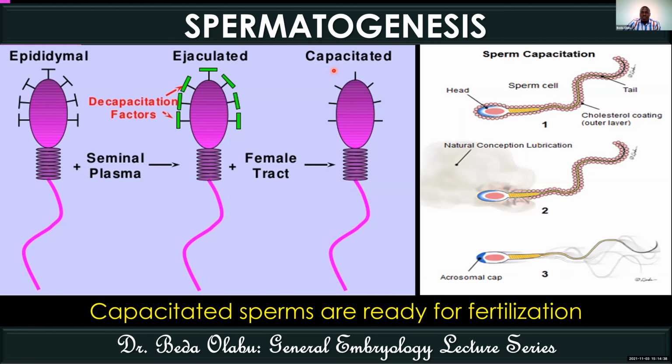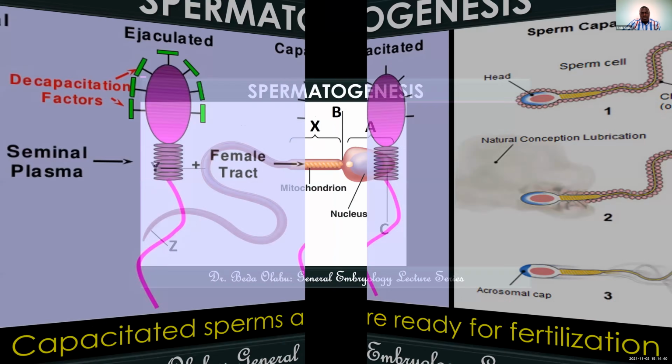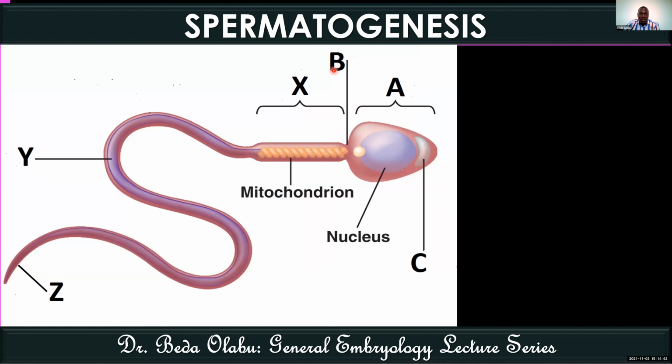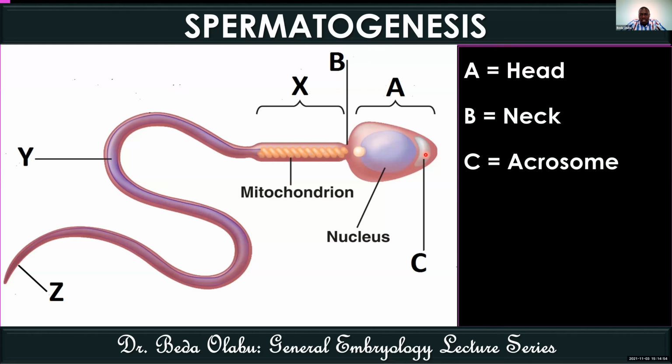All right. Let's finish with the parts of a mature sperm. So this part here is what we call the head of the sperm. It contains this one, the nucleus, as well as that one, the acrosome. This is the neck of the sperm.